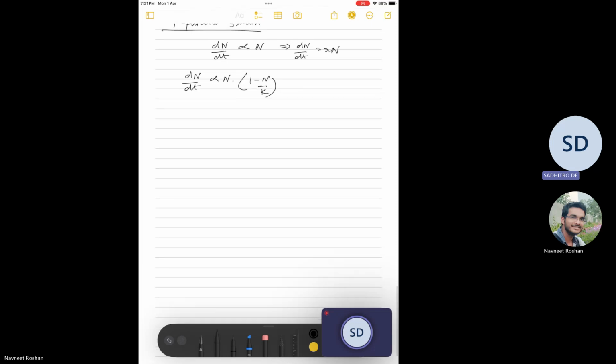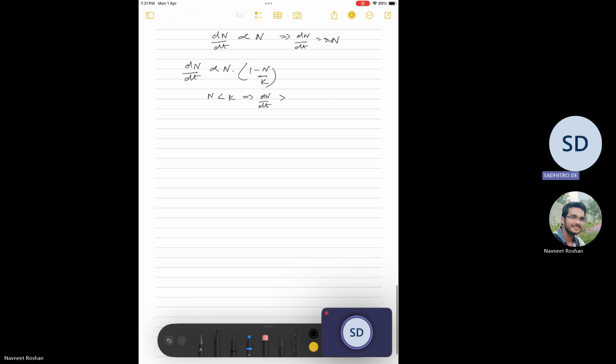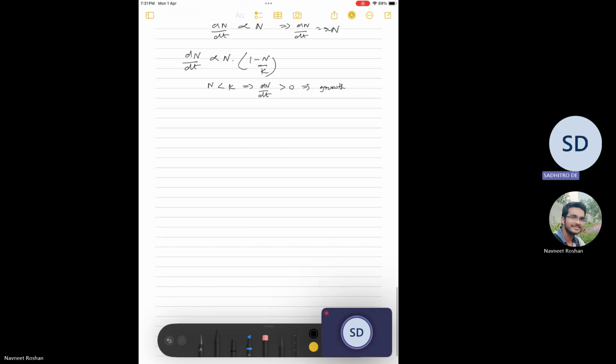When N is less than K, then dN/dt is a positive quantity, right? Which means that there is growth. However, when N becomes greater than K, then this term 1 minus N/K becomes negative.